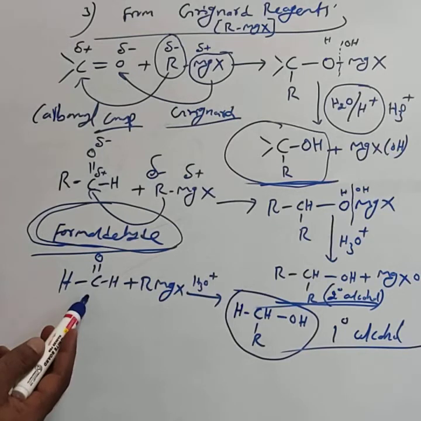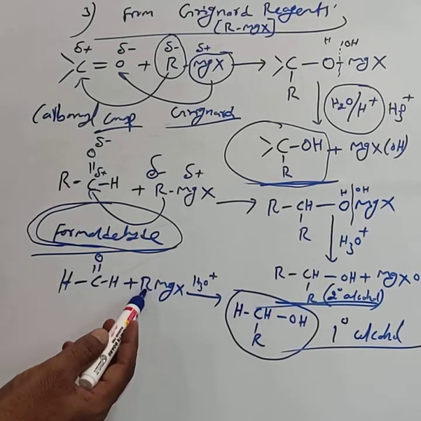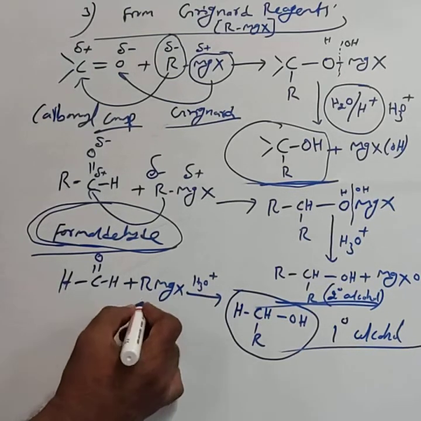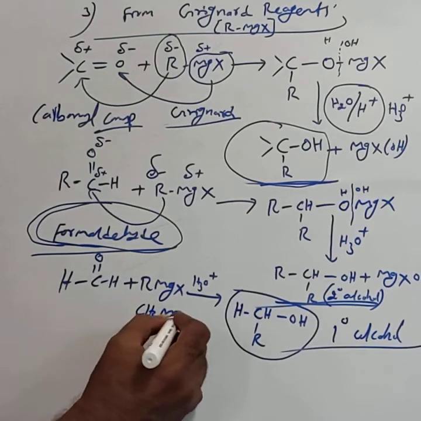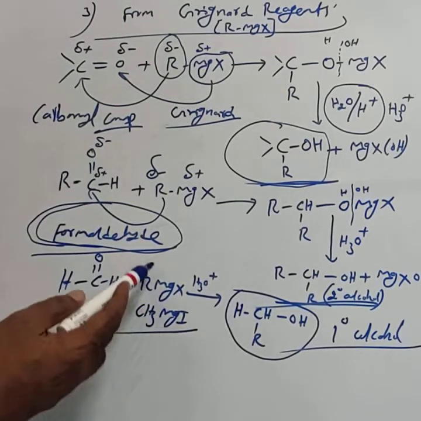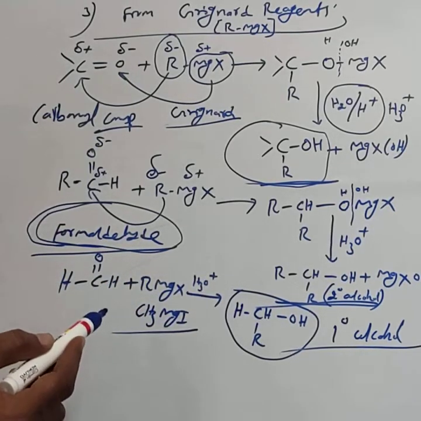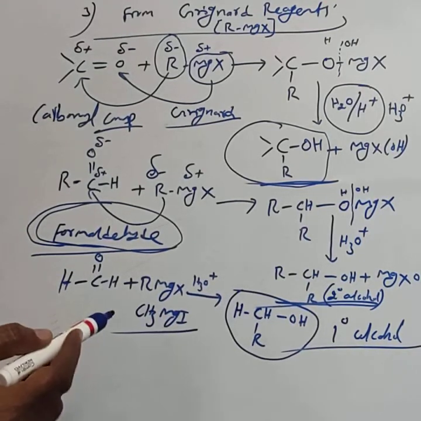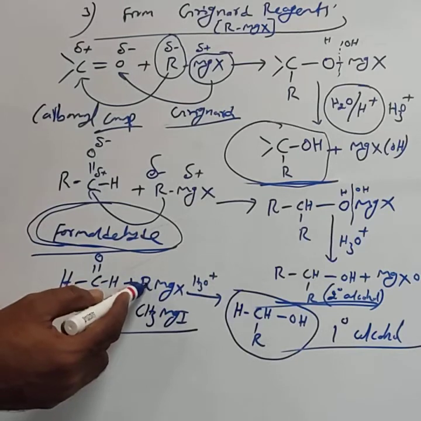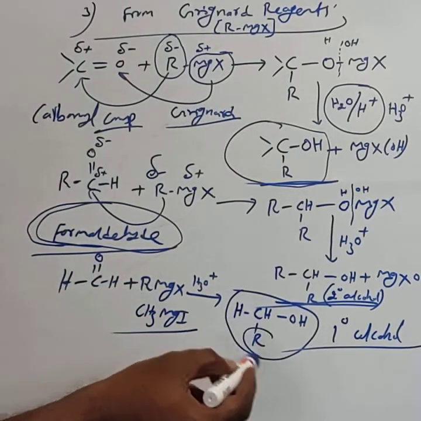Formaldehyde is treated with methyl magnesium iodide, CH3MgI, where R is CH3, followed by acid hydrolysis. Name the alcohol formed. Can you guess the product name? In the Grignard general formula, R is replaced by CH3.